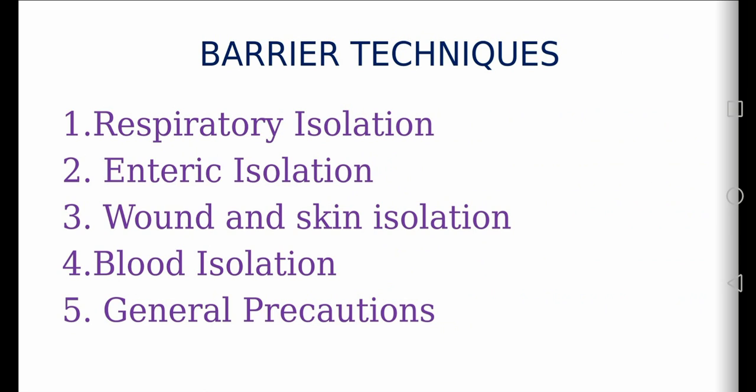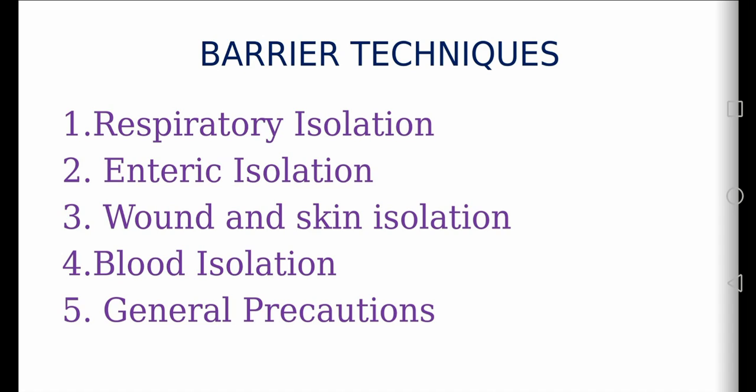First one is respiratory isolation. This is indicated where the pathogens are spread by droplets from the respiratory tract. The aspects include, first one, keep a distance from the infected person. Next is to wear a mask.